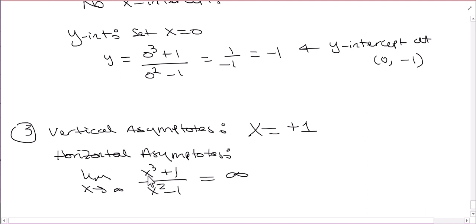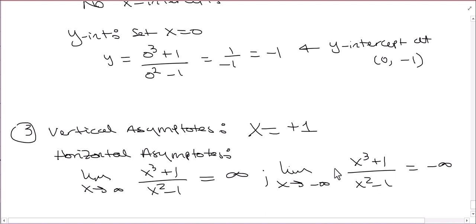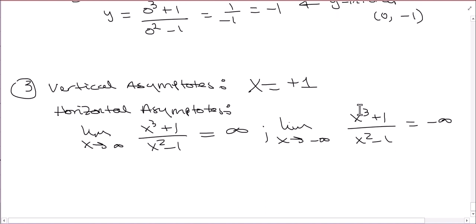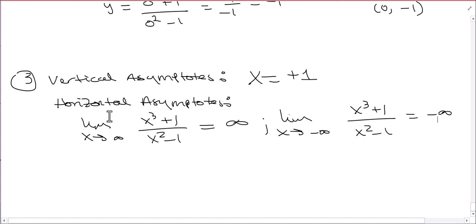You could do L'Hopital's rule, but you can see that the degree on the numerator is higher, and it's odd, so it's going to go to infinity. The limit as x goes to -infinity of x cubed plus 1 over x squared minus 1 is going to go to -infinity. And so we have no horizontal asymptotes, but we do have a slant asymptote.